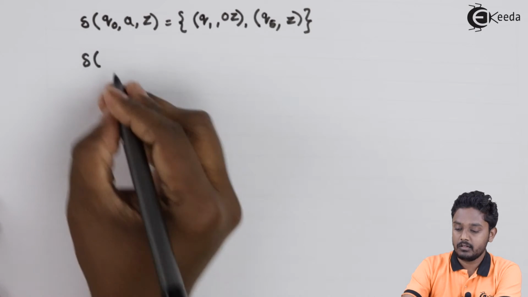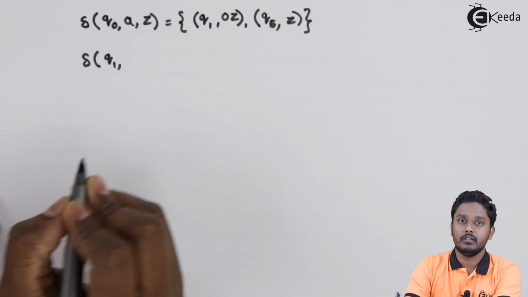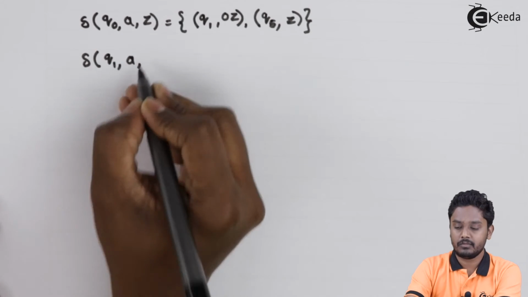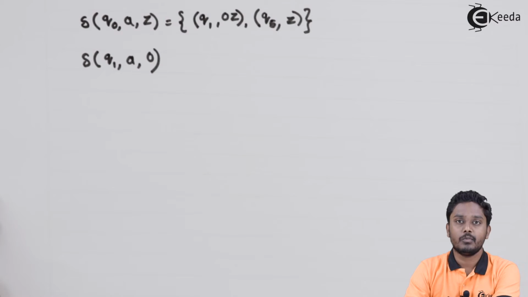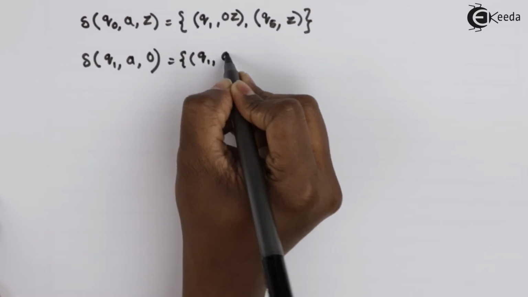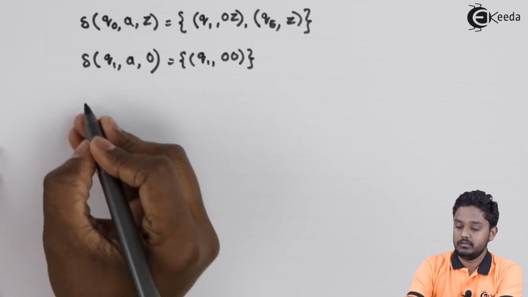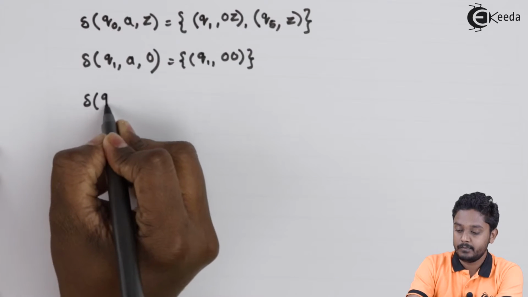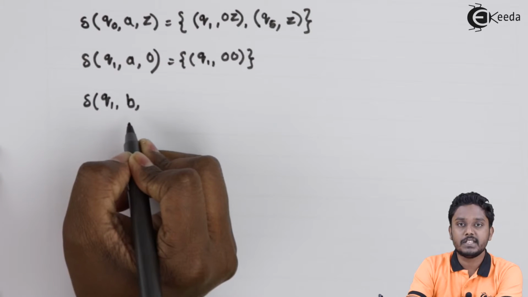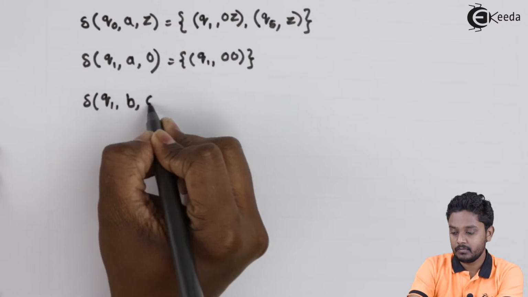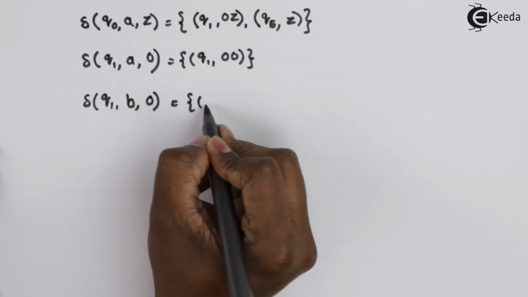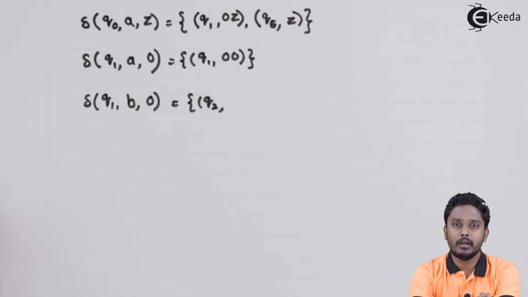Delta of Q1 with A as the input and 0 as the top of the stack pushes one more 0. Q1 on B with 0 as the top of the stack will move to the state Q2, keeping the 0 as it is.